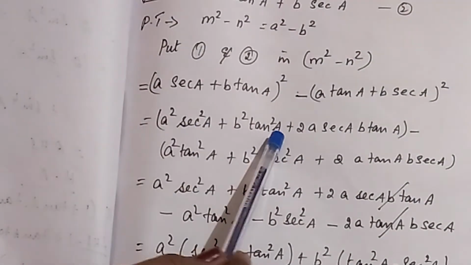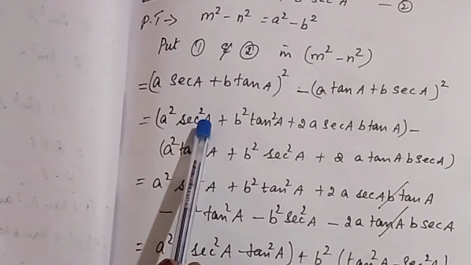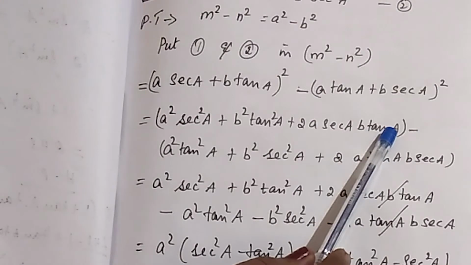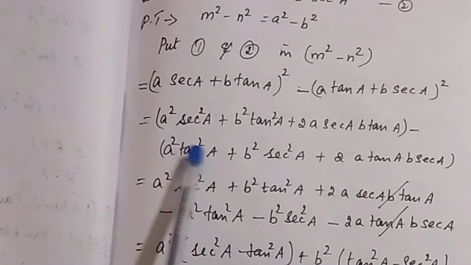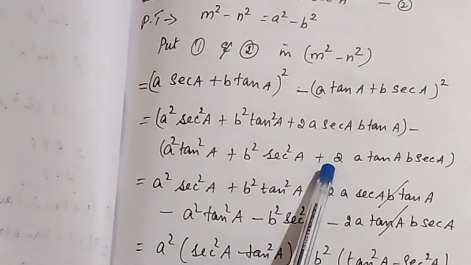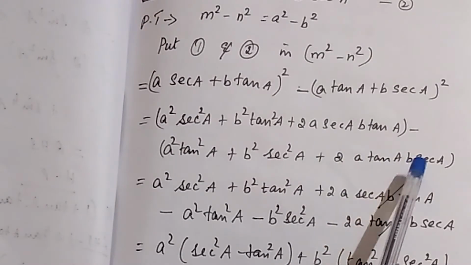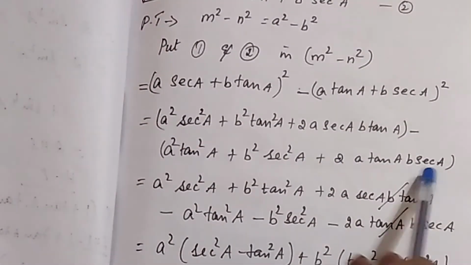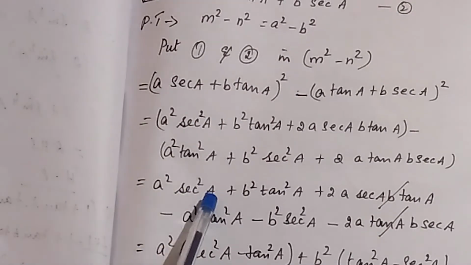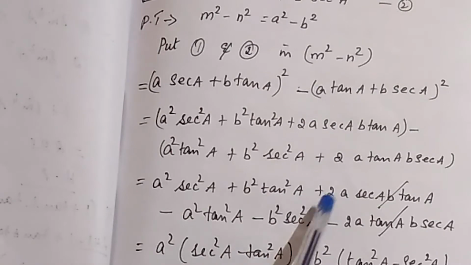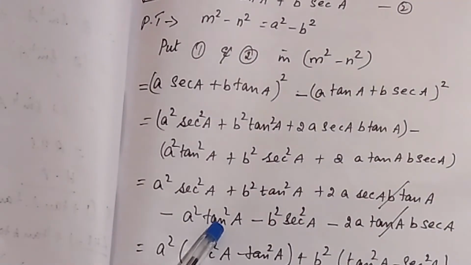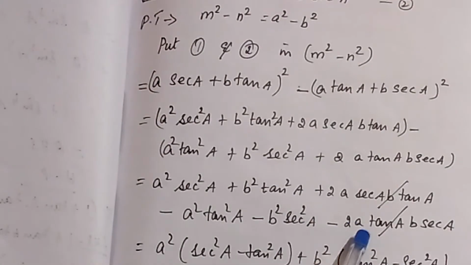So write a² + b² + 2ab: a² sec²A + b² tan²A + 2a sec A b tan A. Minus a² tan²A + b² sec²A + 2a tan A b sec A. Now because of the minus, these terms become negative: a² sec²A + b² tan²A + 2a sec A b tan A, then −a² tan²A − b² sec²A − 2a tan A b sec A. And these two get cancelled.